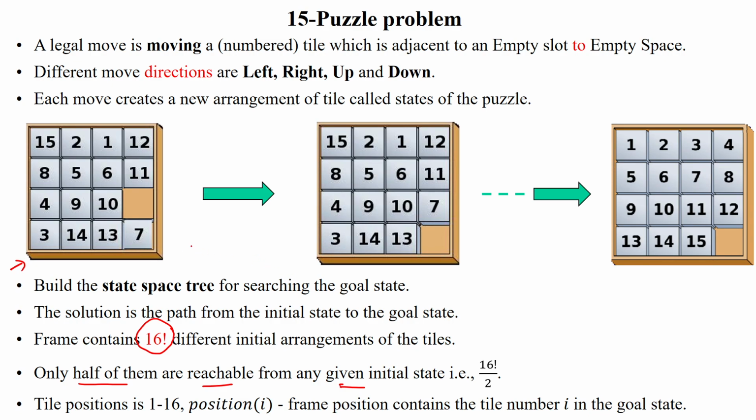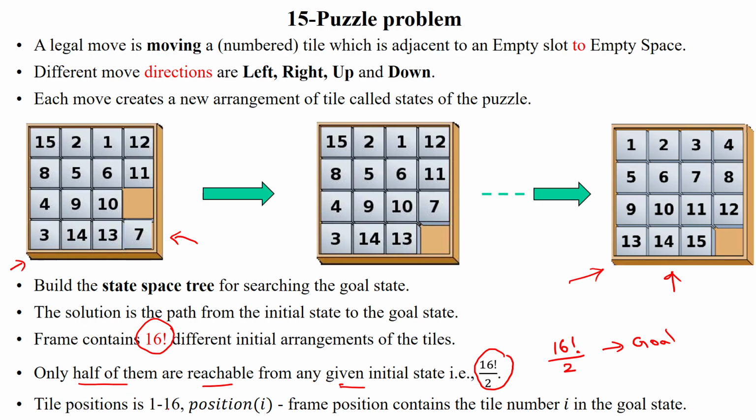Suppose your initial state is different from this one, there is the possibility of not reaching the goal state. Those kinds of initial arrangements are 16 factorial divided by 2. So only 16 factorial by 2 initial arrangements can reach the goal state. The remaining 16 factorial by 2 arrangements cannot reach the goal state.